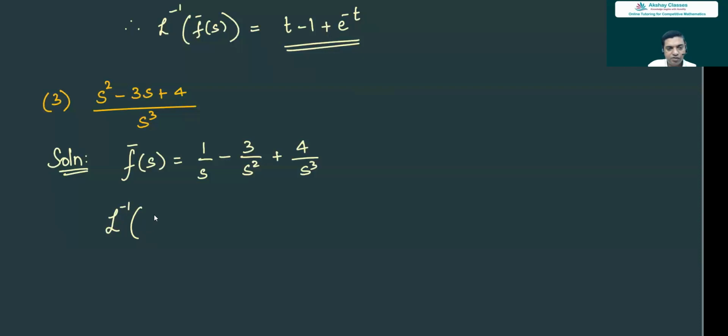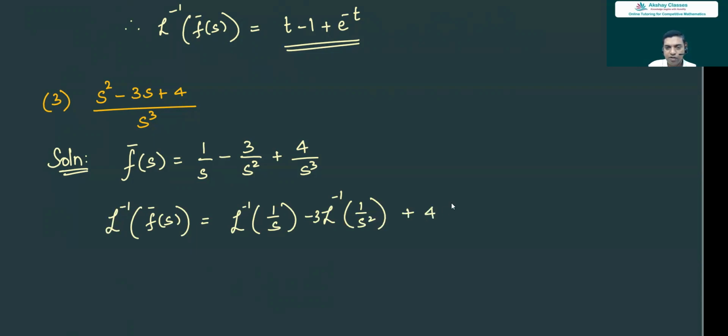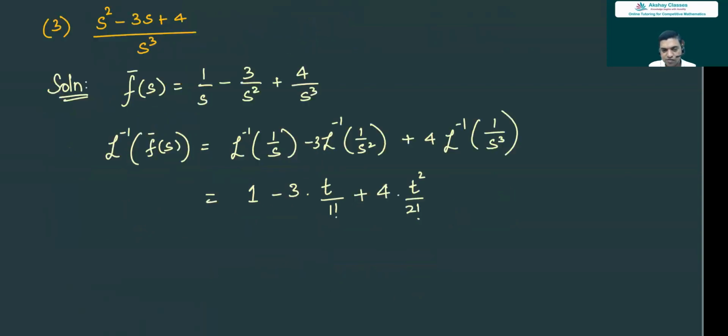So the Laplace inverse of this one will be the Laplace inverse of 1 by s, minus 3 times the Laplace inverse of 1 by s square, plus 4 times the Laplace inverse of 1 by s cube. So 1 by s is 1, minus 3 into t power 1 by 1 factorial, plus 4 into t square by 2 factorial.